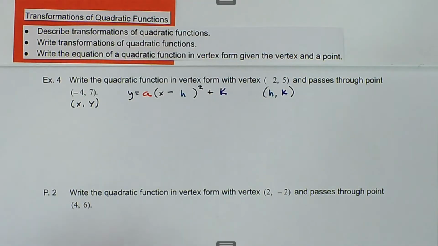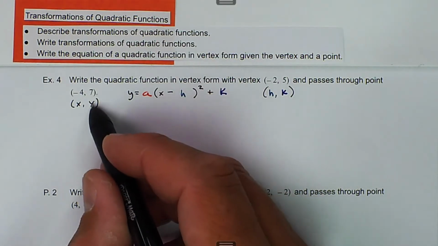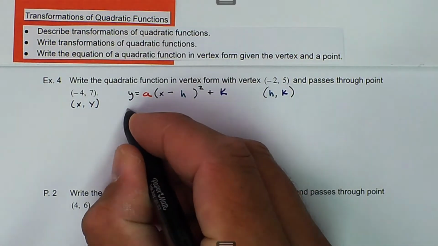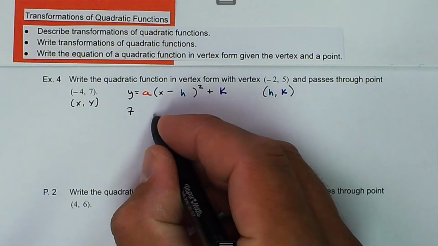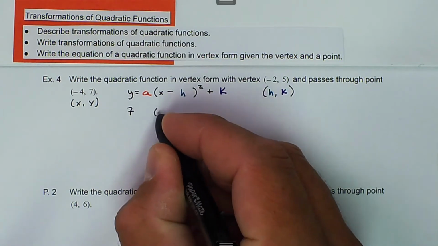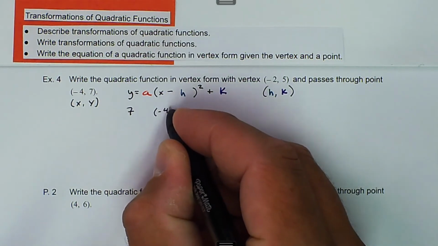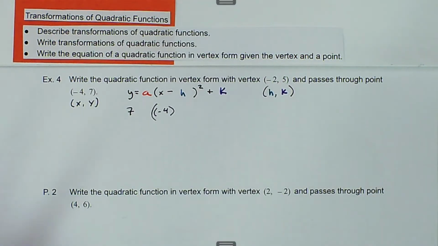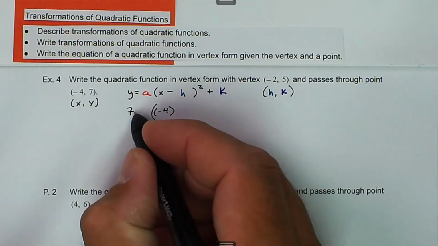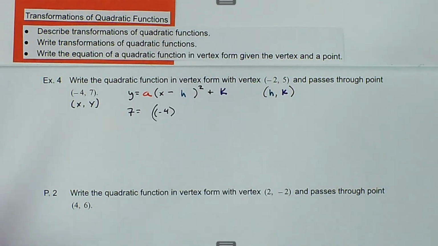So when we substitute those values in, y is 7, x is -4, we don't know what the a value is, so the a value is going to stay a.